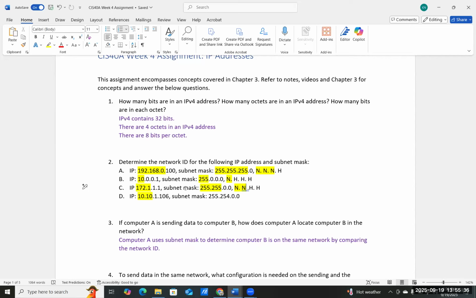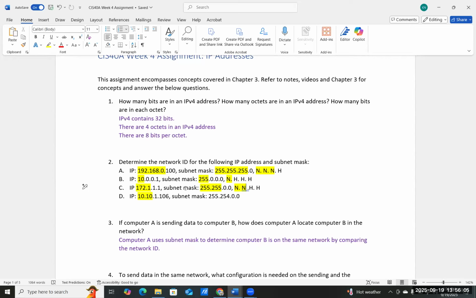Okay, now D is tricky, right? I will teach you how to subnet down the line. You said, wait a minute, this is a 10, that's a lower number that belongs to class A, right? In some cases, we can use subnetting where we can tweak the subnet mask so that way we can borrow into a different class, right?